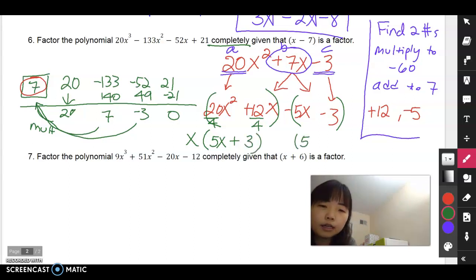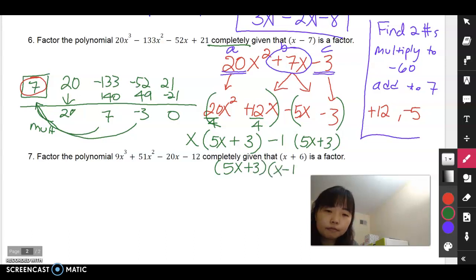But I like the 5x plus 3 because then this is gonna be that. So your factors are that for 6. Good. This is the answer to number 6.